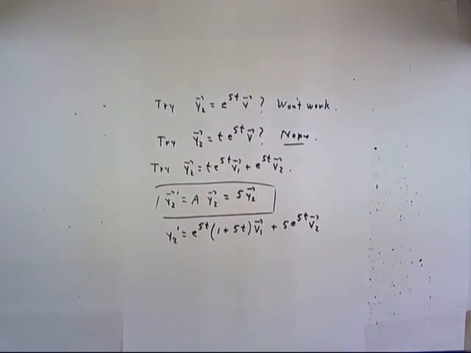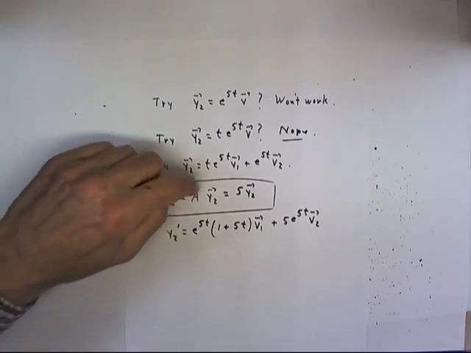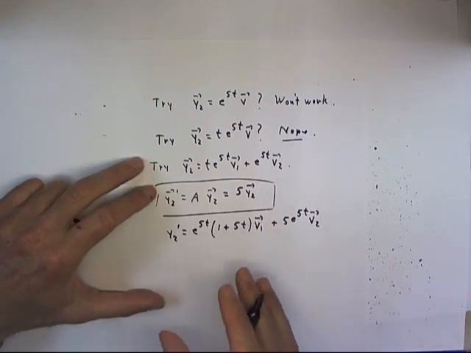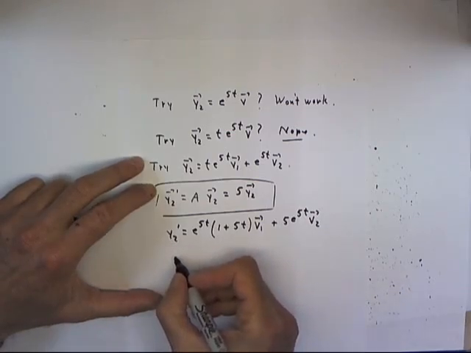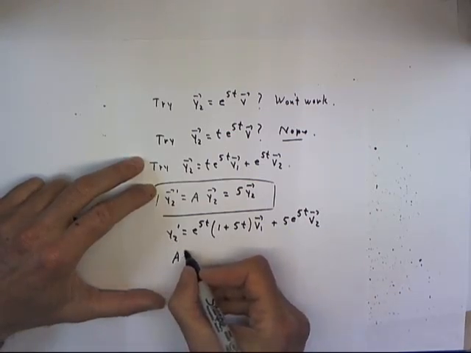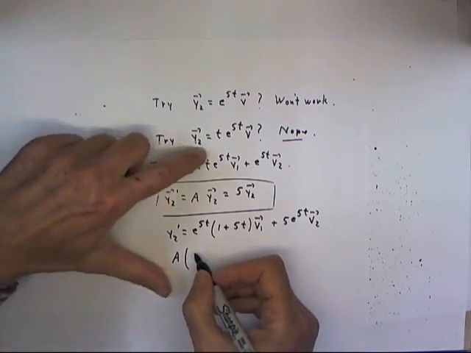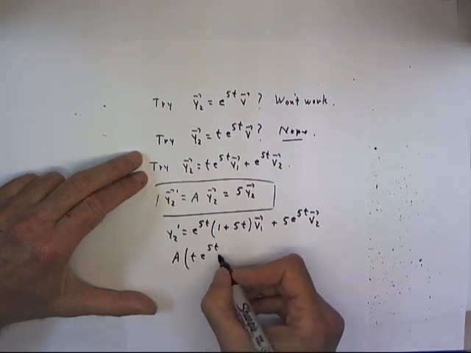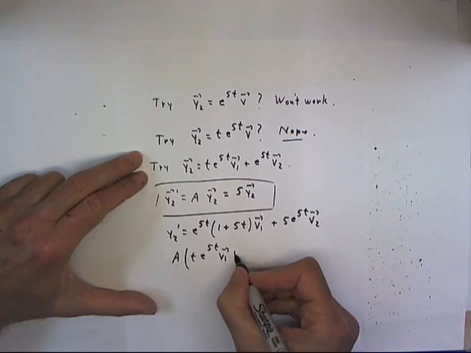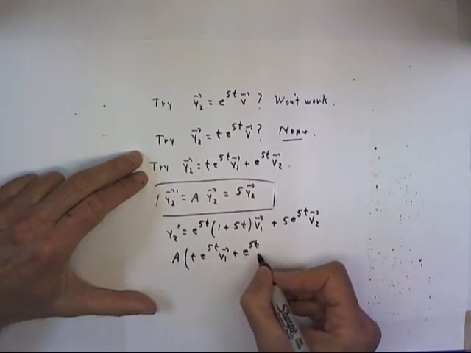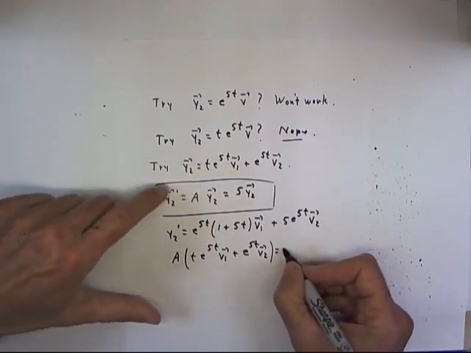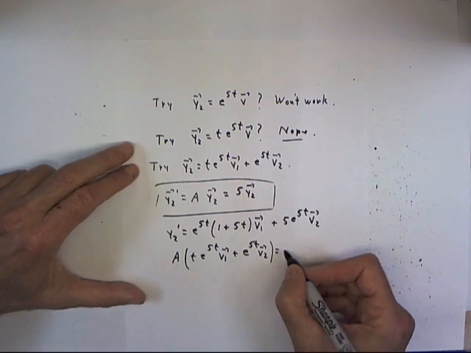Now, without getting our hands too dirty here, we can see that Ay2 should equal 5y2. And without writing out the coefficients of A just yet, that tells us that A multiplied by the column vector, t e to the 5t v1 plus e to the 5t v2, should equal what? 5 times y2.